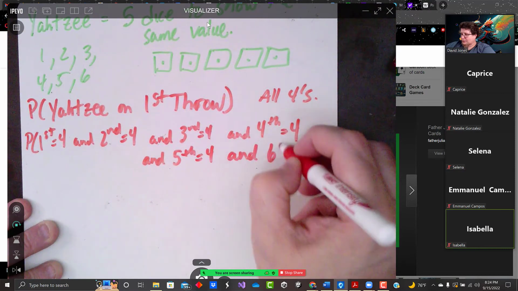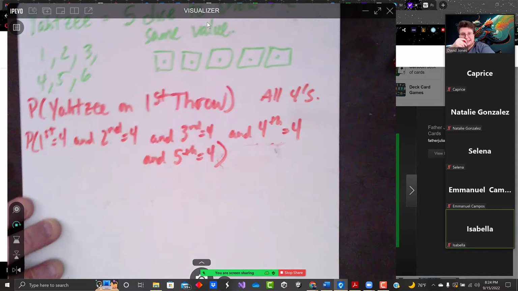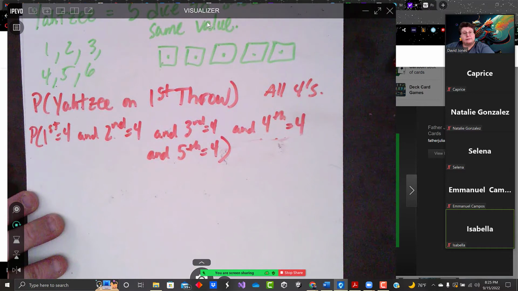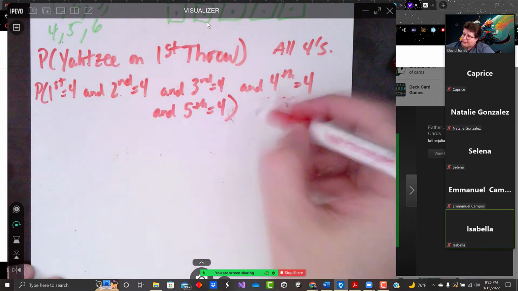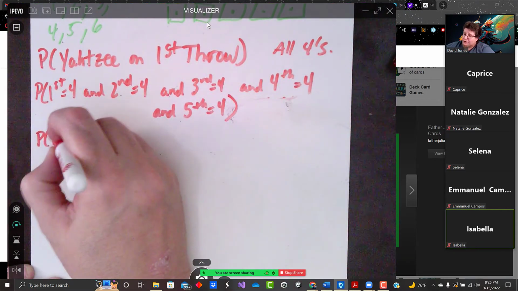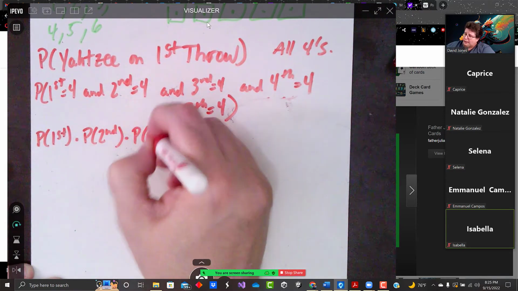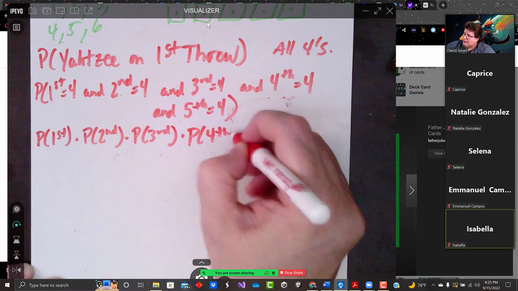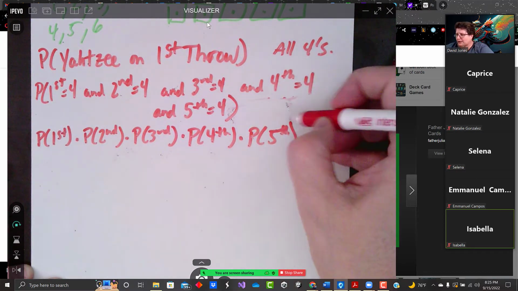I'm getting a little carried away. These are all ands, and they are all independent events. So I'm going to eliminate the 4. I'm just going to say probability of first times probability of second times probability of third times probability of fourth times probability of fifth. And we'll just pretend I wrote equals 4 on all of these.